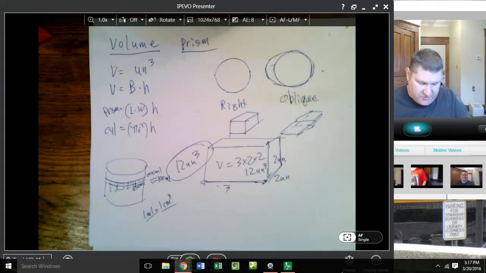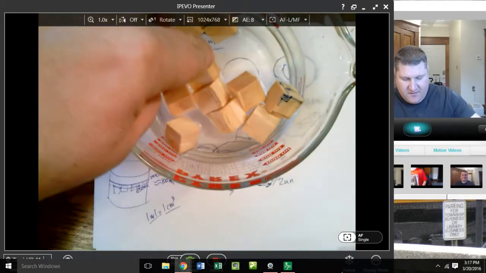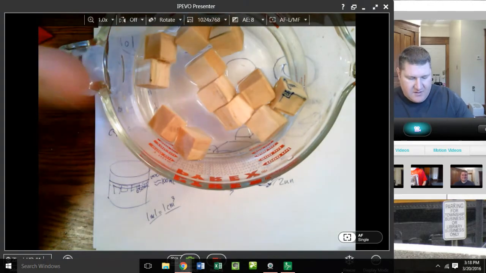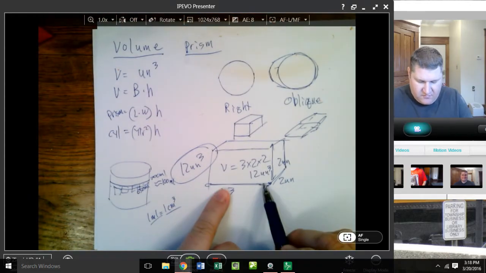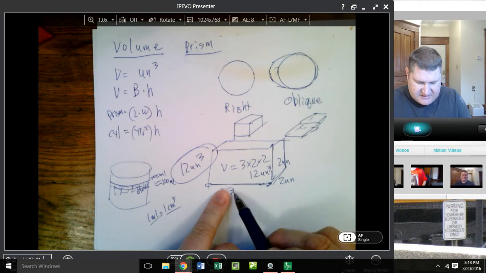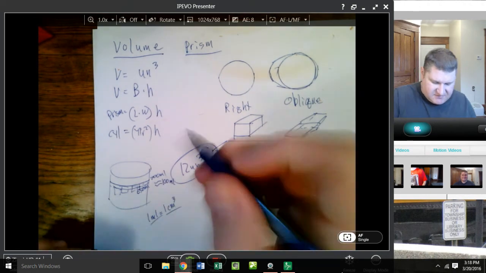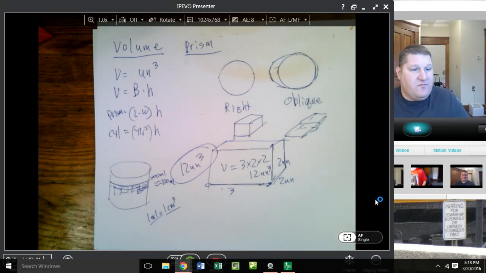And that's the volume change. So volume is the space inside something, or in this case, the amount that the volume displaces. And so in this case, we can either measure it with a formula, base times width times height, or we can do it by displacement for measuring its volume. So that is volume for a prism.